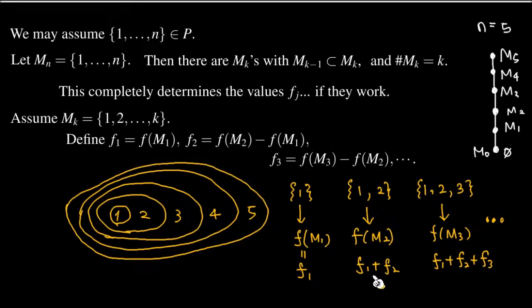We already determined f1, so f2 must be f of m2 minus f1, which is also f of m1. So we have 3 elements in here, and this is what we hope these two things to be equal to. Then f1 plus f2 is now f of m2. If these two things are equal to each other, f3 must be f of m3 minus this quantity, which is also known as f of m2. So that's what you're seeing here. That's the motivation for this.